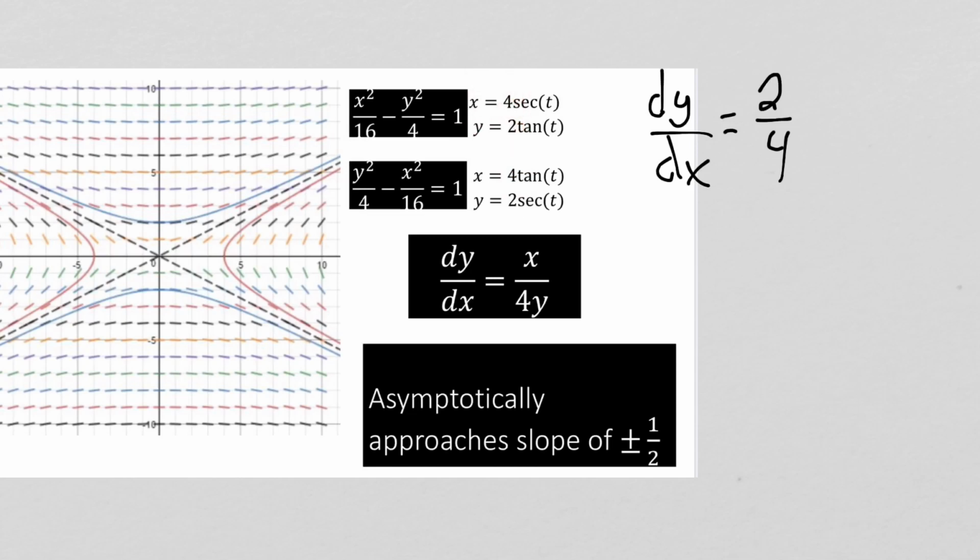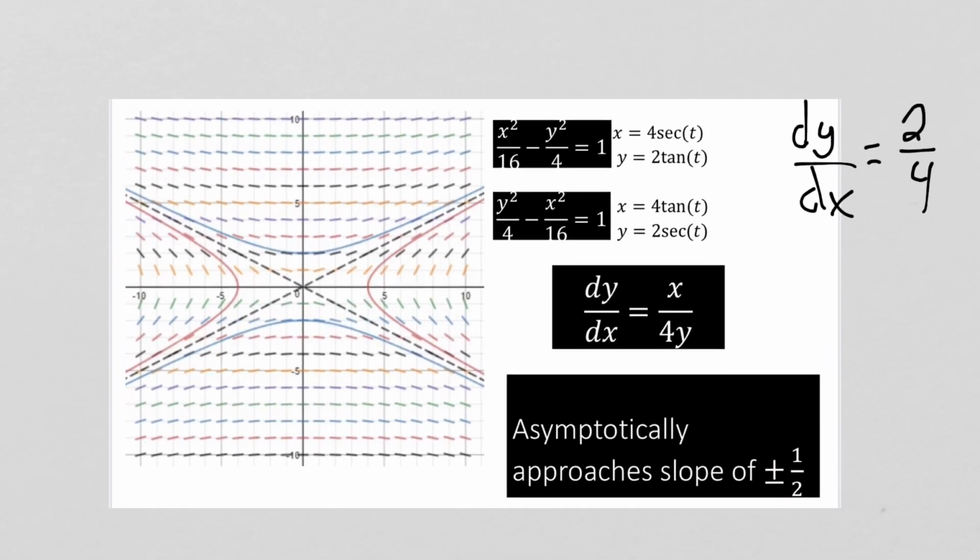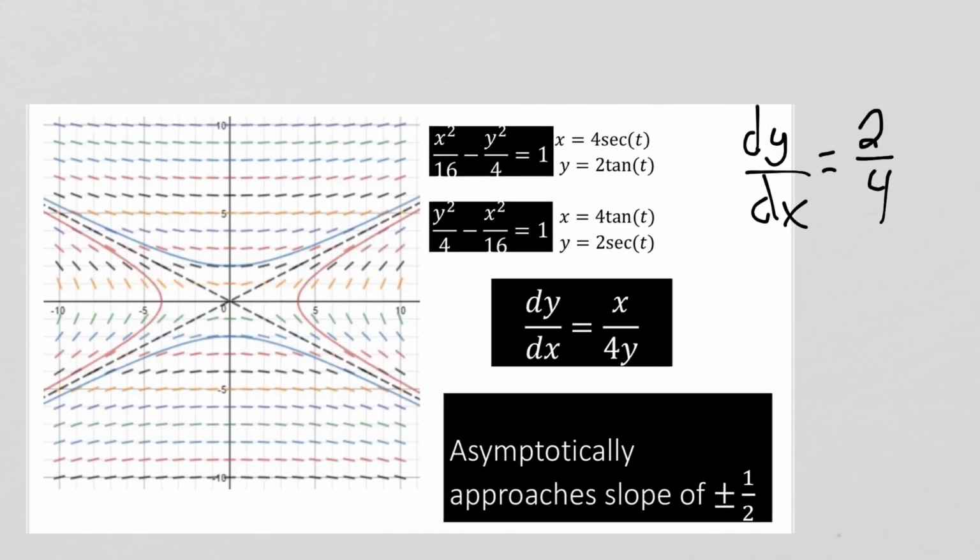So that's why we see that the slope approaches plus or minus 1/2. If we draw these asymptotes, we can see that no matter what kind of hyperbola we have, it's always going to approach that asymptote. Even ones way up here, it's going to take them a long time, but eventually they're going to approach that asymptote of plus or minus 1/2.